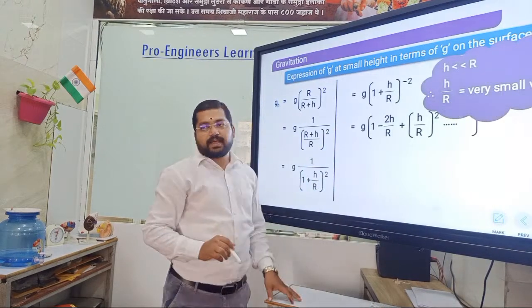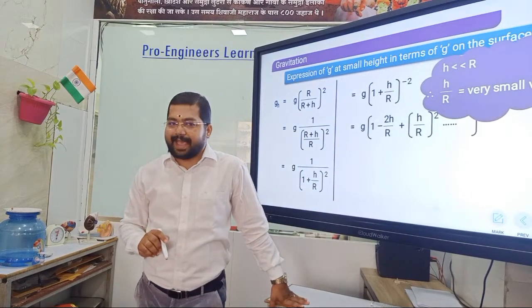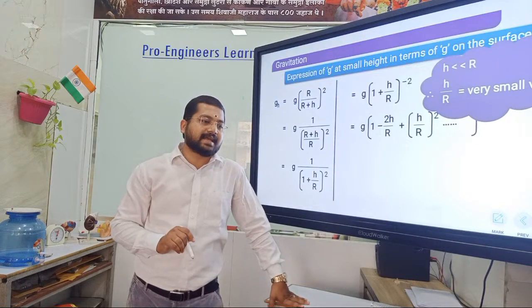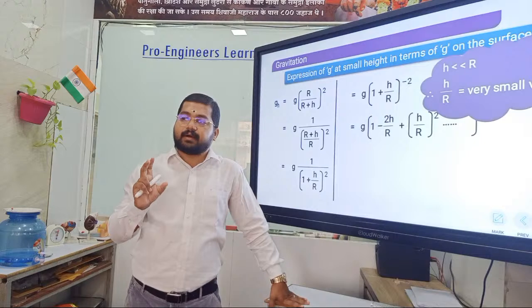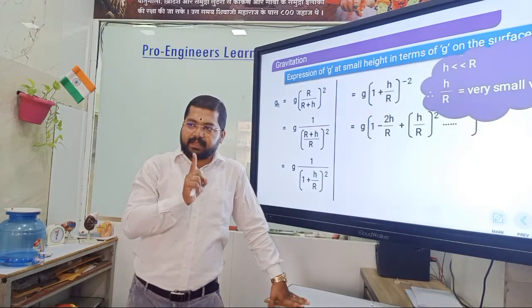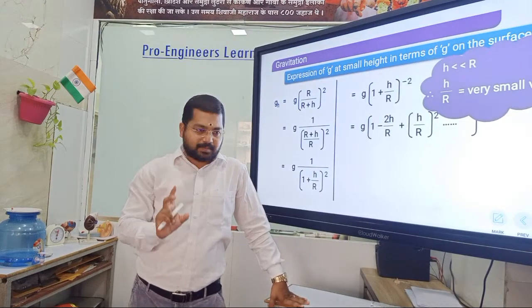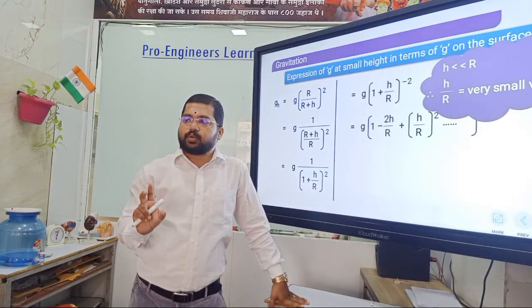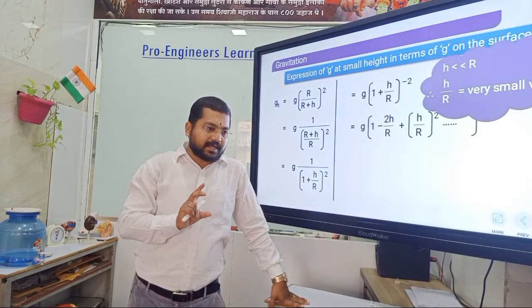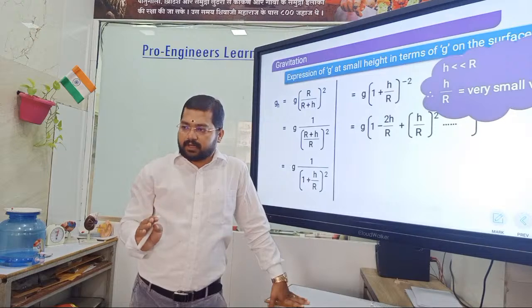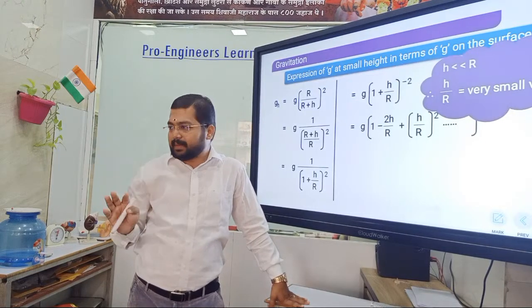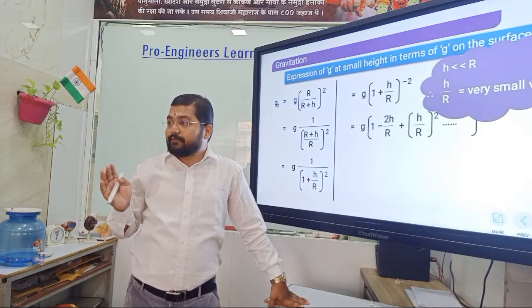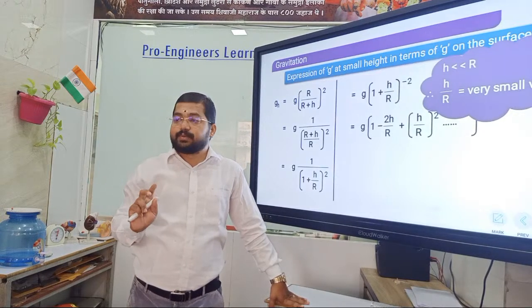So h is very less than capital R. What is capital R? Radius of Earth. In the previous module itself, I have explained that even though the center of that object which is lying on the surface of Earth is 10 feet, 20 feet, 40 feet, whatever it may be, looking at the radius of Earth, it is very negligible.